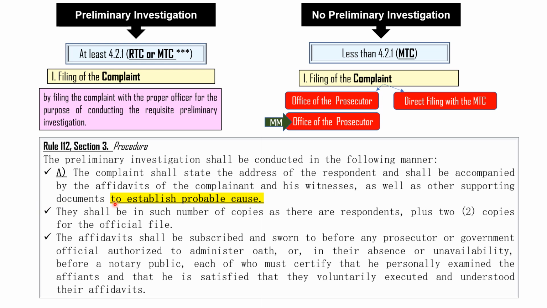The reason is for you to establish probable cause, and you have to subscribe your affidavits before any prosecutor or government officials authorized to administer oath. Notary public, while they are allowed, they can only do so in the absence or unavailability of your prosecutor.